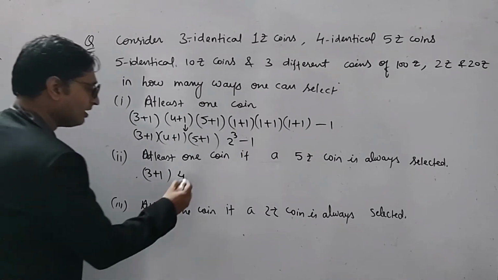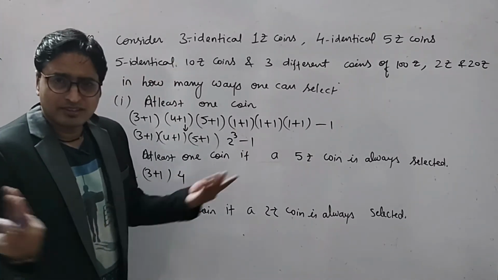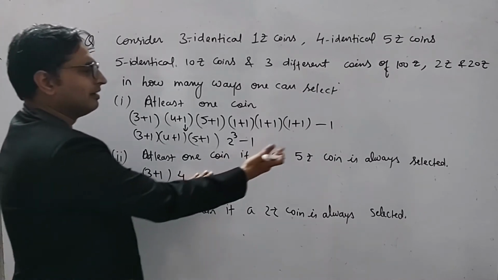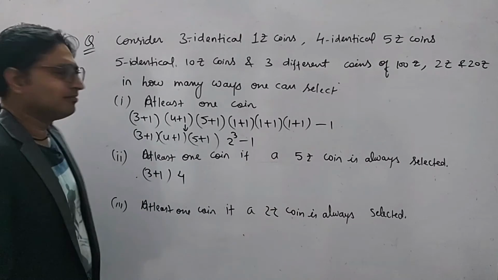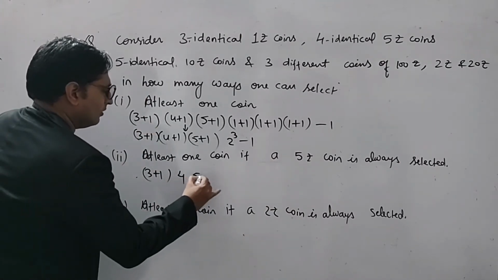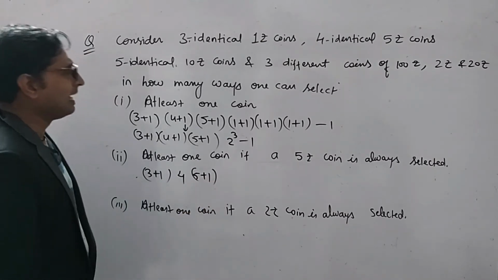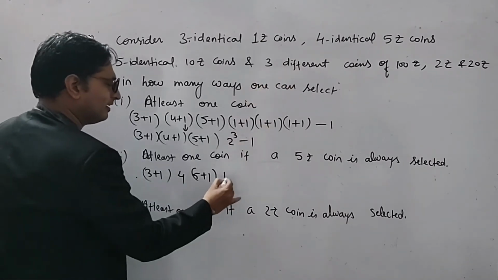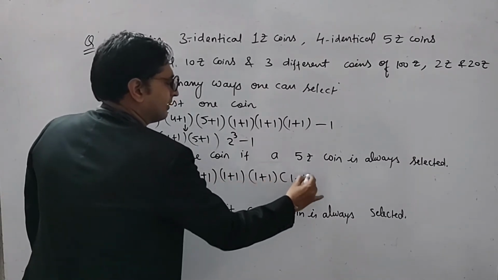Now, with 5 identical 10 rupee coin, again there is no any conditions. For 10 rupee coin is written here, so we can reject the coin of 10 rupee also. So total number of ways will be 5 plus 1. 1 is for rejection. And now for these 3 different coins, again one select, reject, select, reject, select, reject.